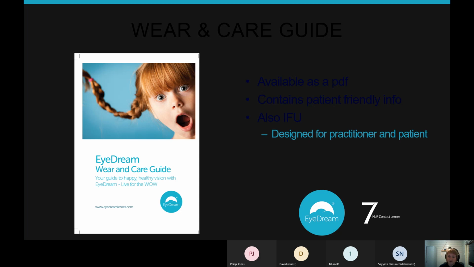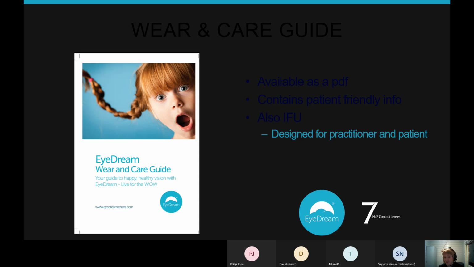My other hat at number 7 used to be that I led the compliance team, and I became completely obsessed with the IFU, or instructions for use. And that's the little folded piece of paper that slots into our wallet when we send the lenses out to you. And I think the reason I became slightly obsessed by it is that I think until then it had completely escaped me as a practitioner that this was a document that was supposed to go to the patient and not just for me.